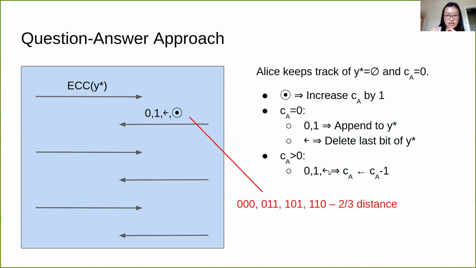An important point is that any bad instruction that the adversary makes Bob give to Alice can be corrected by 1 good instruction from Bob. So as long as Alice has received n more correct instructions than wrong instructions, she'll have y star equal to y.